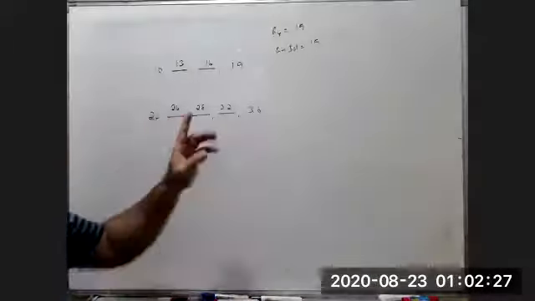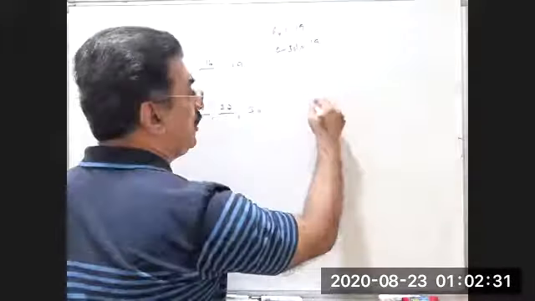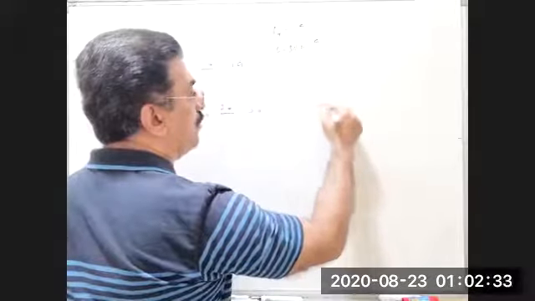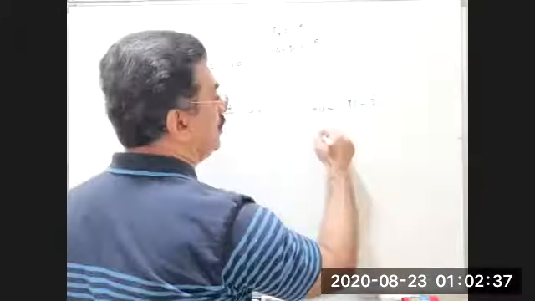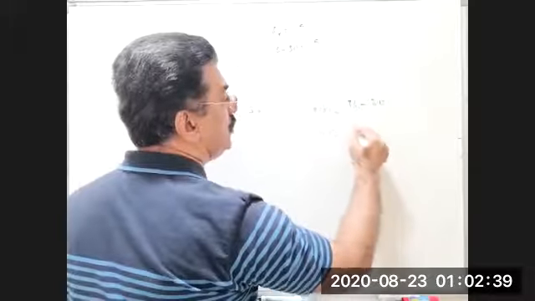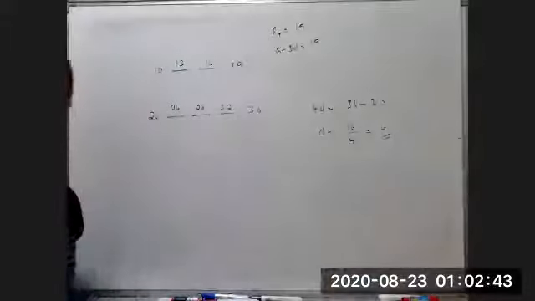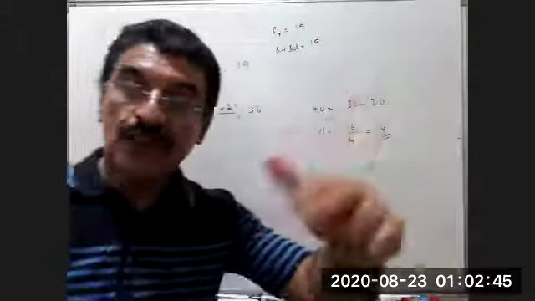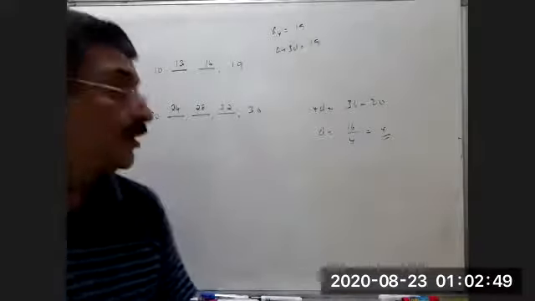So this difference will be 4 times d. So 4 times d will be 36 minus 20, which is 16, divided by 4. So our d is 4. If d is 4, keep on adding that 4, and we get that sequence. I hope you got it.